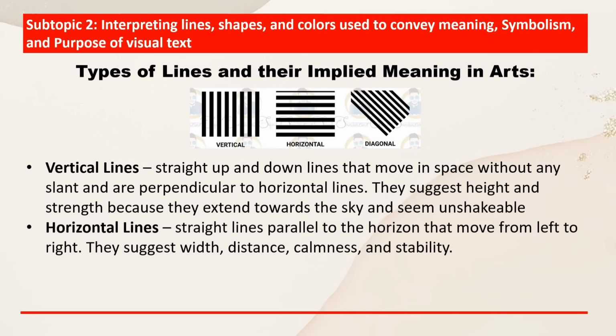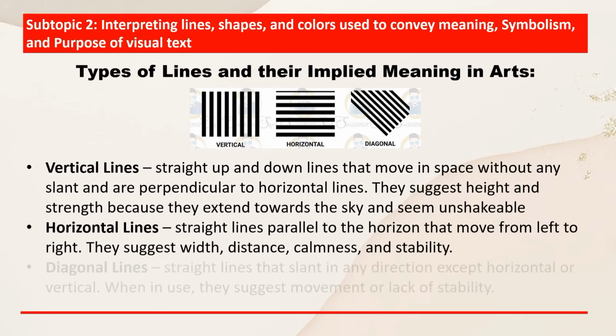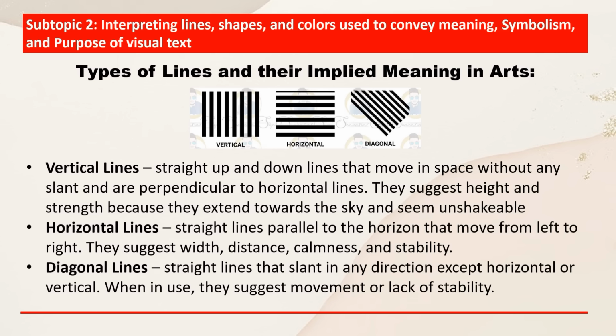They suggest width, distance, calmness, and stability. Diagonal lines, straight lines that slant in any direction except horizontal or vertical. When in use, they suggest movement or lack of stability.